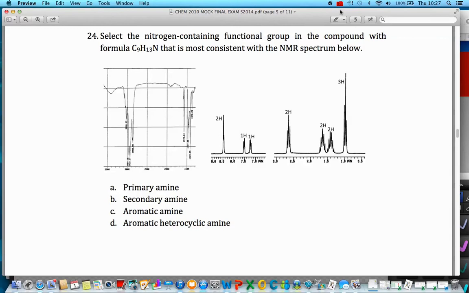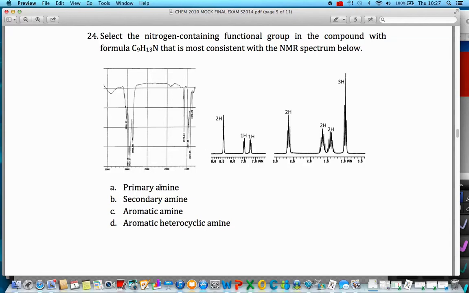So if we look at number 24, we're trying to decide the nature of the nitrogen that's attached. It should neither be a primary amine that has an NH2, because there is definitely no NH stretch here. If there was an NH stretch, you should have a broad singlet because of its ability to hydrogen bond.